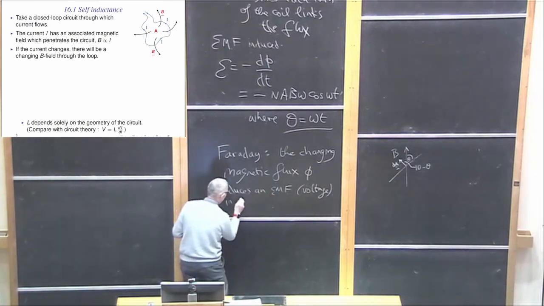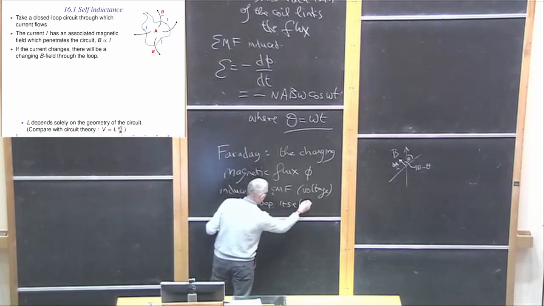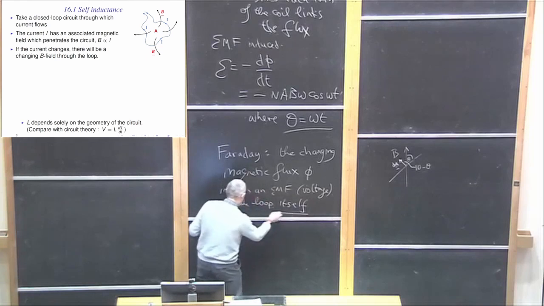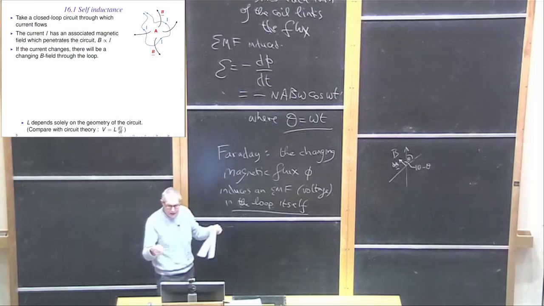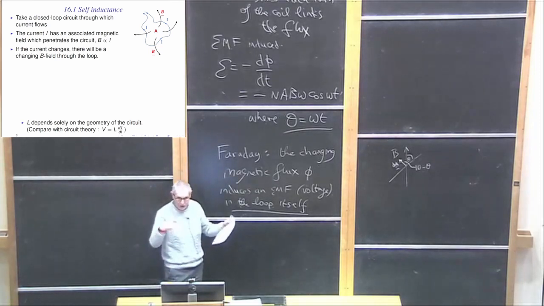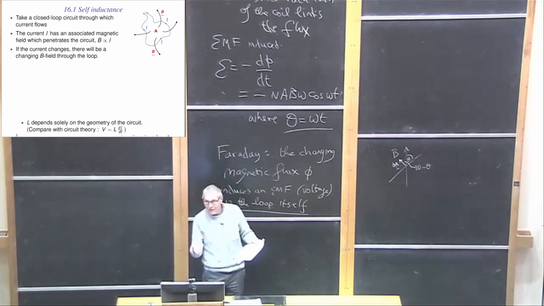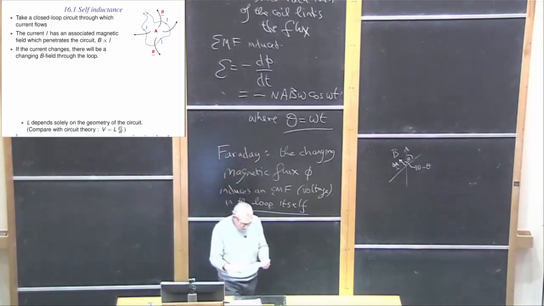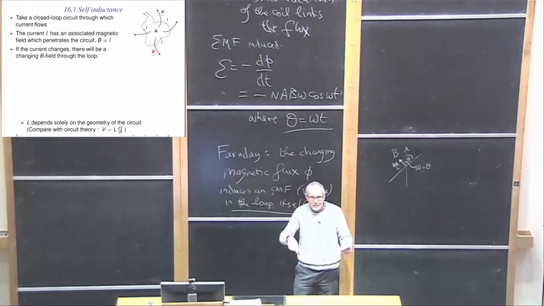This is the key point. What happens is you change the current, you change the magnetic field. That changing magnetic field then induces this voltage back in itself. All right?